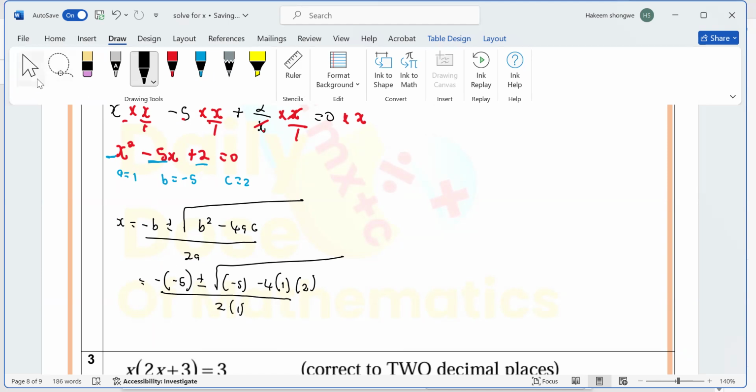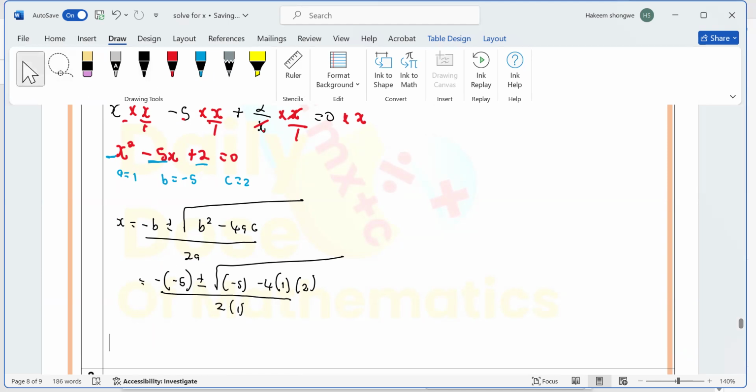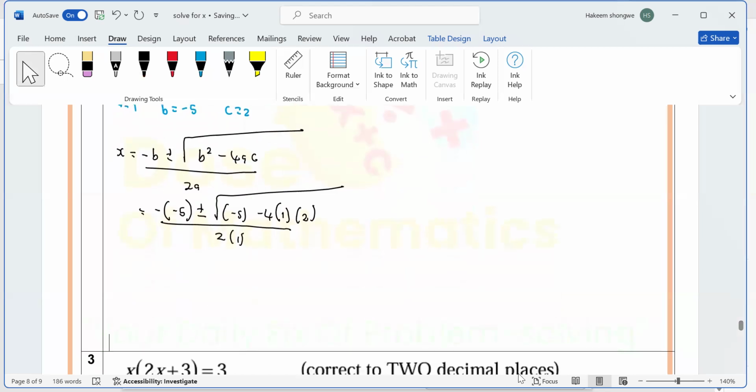Okay, let's take out our calculator and see what we get. You're going to type it, and I'm also going to type it this side so that we compare our answers.